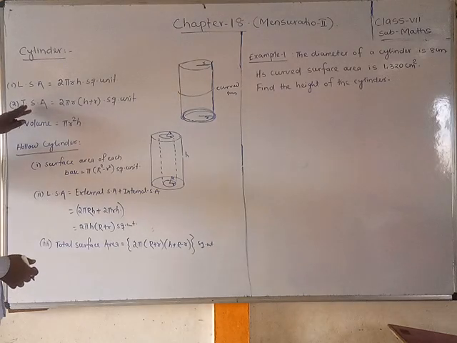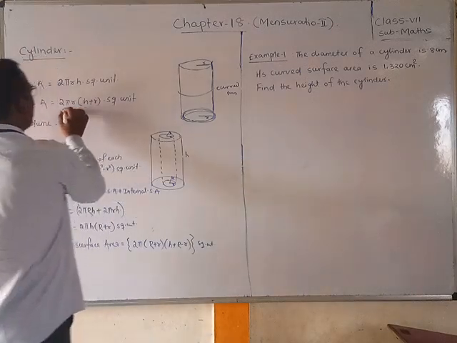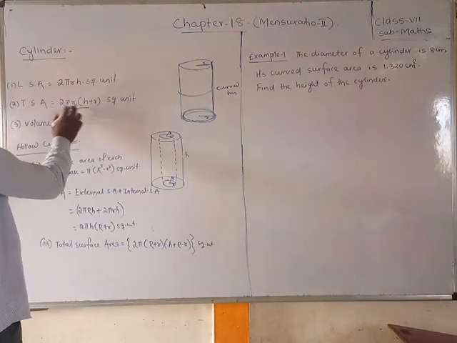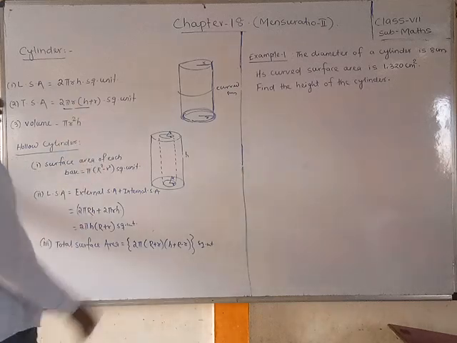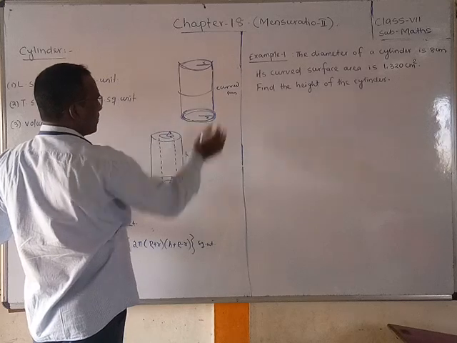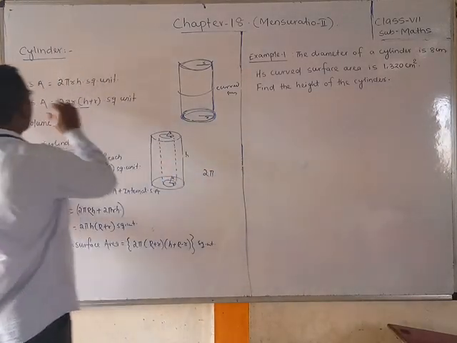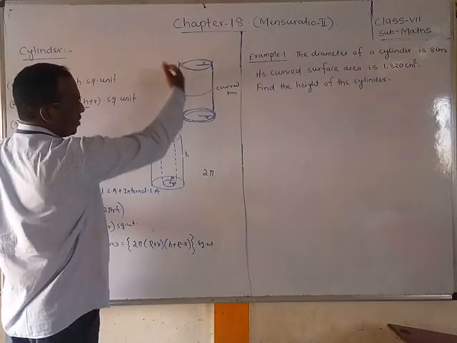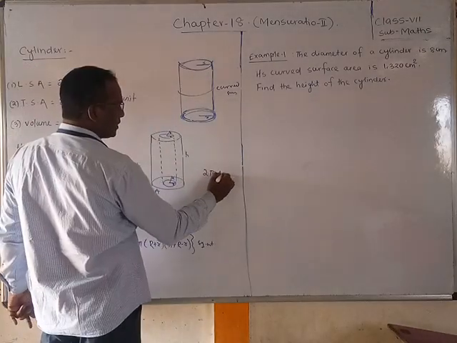Similarly, the TSA, total surface area of the cylinder, is equal to 2 pi r times h plus r. How do we get the total surface area? It is the two base areas plus the curved surface area. The curved surface area means the lateral surface area, so 2 pi r h.